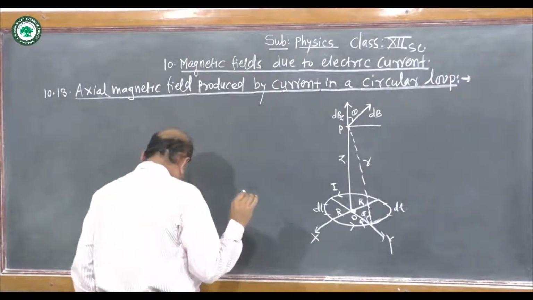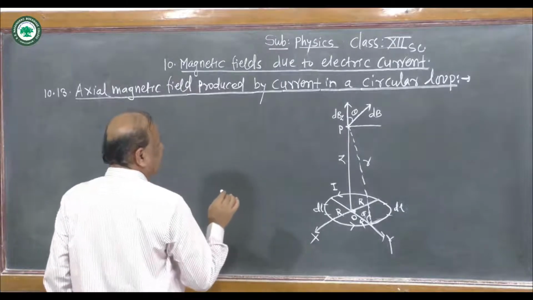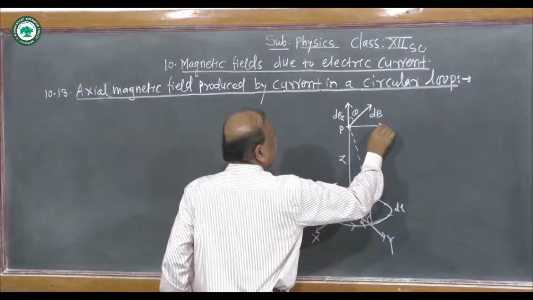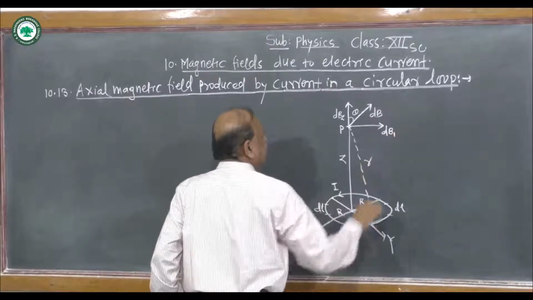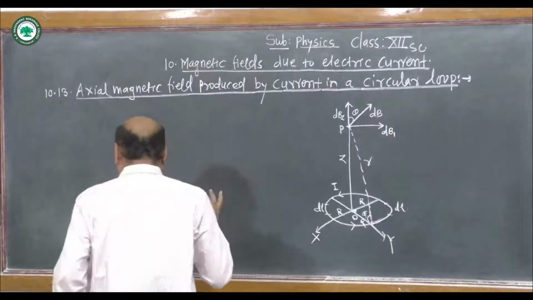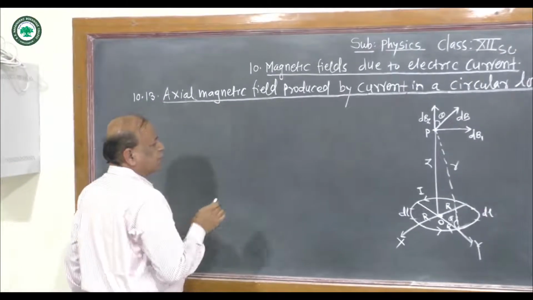Now write the explanation of that figure. Now this is a dB1 magnetic field. We explain this figure.